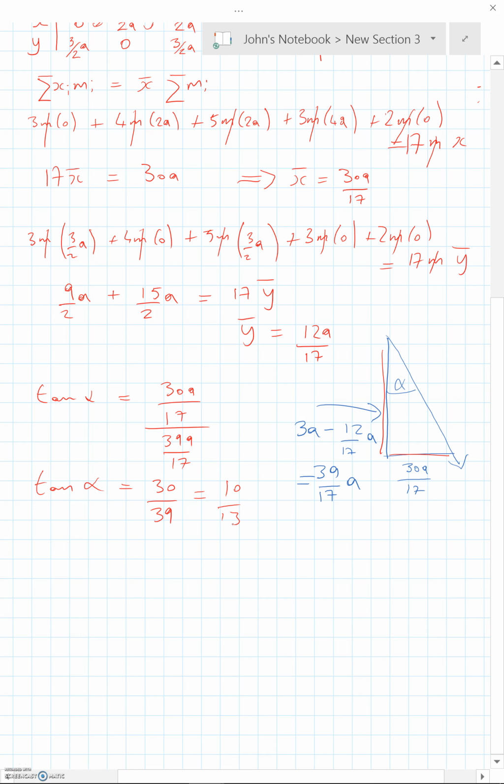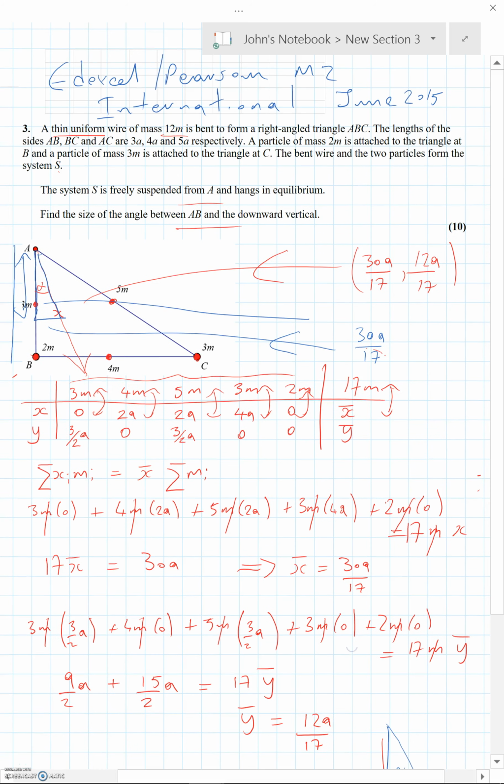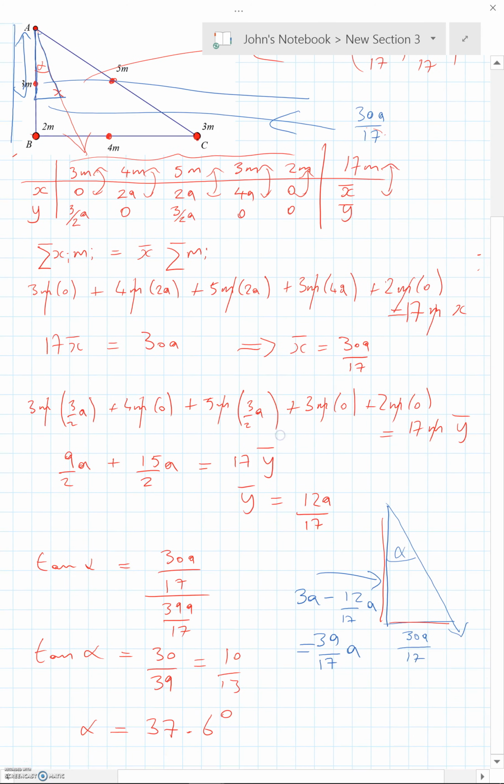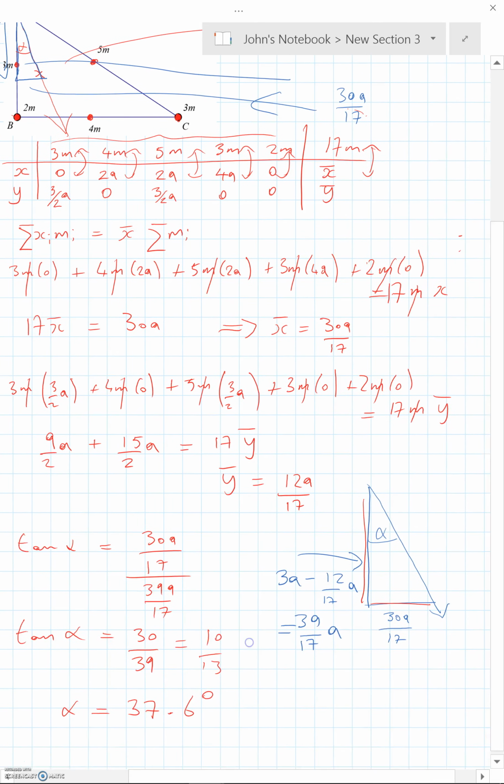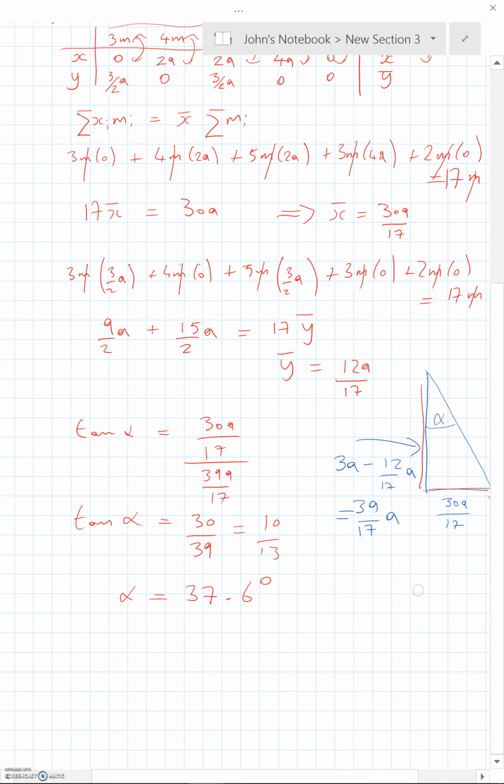And we can work out the inverse tan of that, which is equal to alpha. If we give three significant figures, which should be our default position here, especially when g is not involved, 37.6 degrees, which is the answer to the problem. So there we go. Find the centre of mass, remember it's a framework, and then just do a nice, careful diagram, and we're all done.